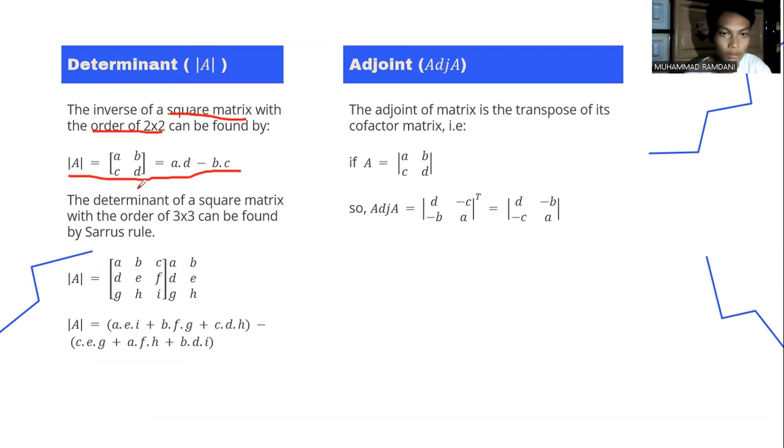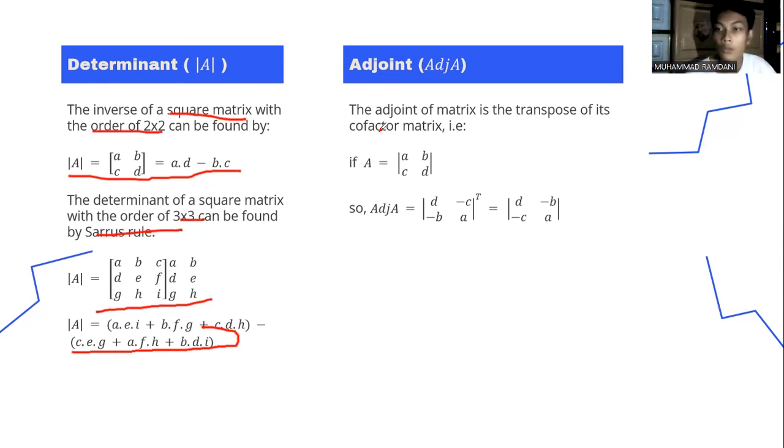So what if you find a 3 times 3 matrix? You can just use Sarrus' rule.